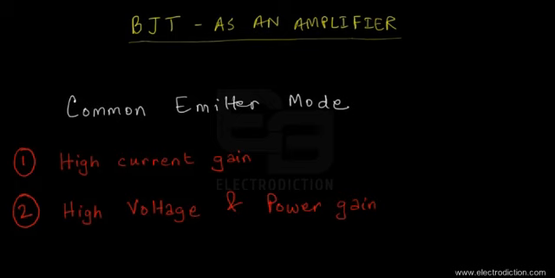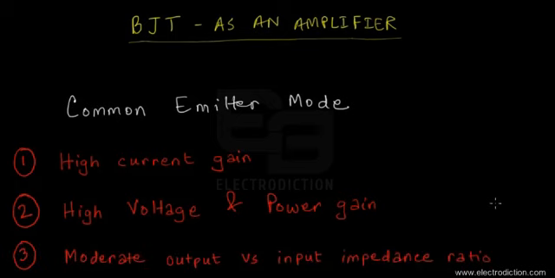Next comes point number three. We have a moderate output versus input impedance ratio for the CE mode, or the common emitter mode of BJT operation. In the common emitter mode, the approximate output versus input impedance ratio would be about, let's say, 50.